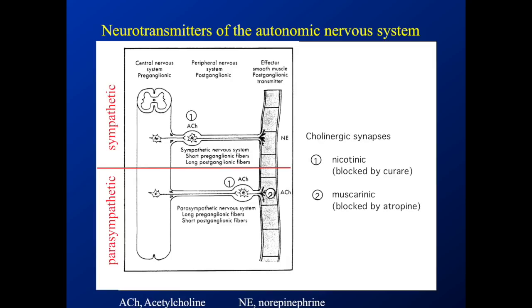The parasympathetic has long preganglionic fibers, and both pre and postganglionic synapses release acetylcholine. And you can see on the sides here that the preganglionic are generally nicotinic and the postganglionic cholinergic are muscarinic, but as we saw on the previous slide, there are exceptions such as the sphincters.